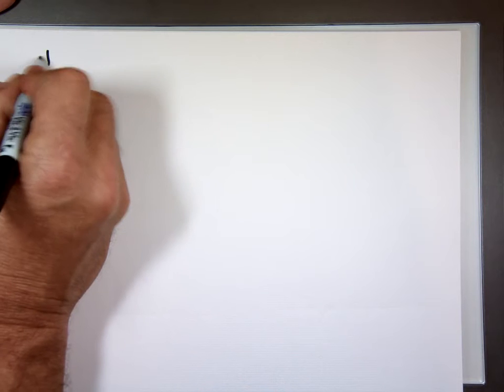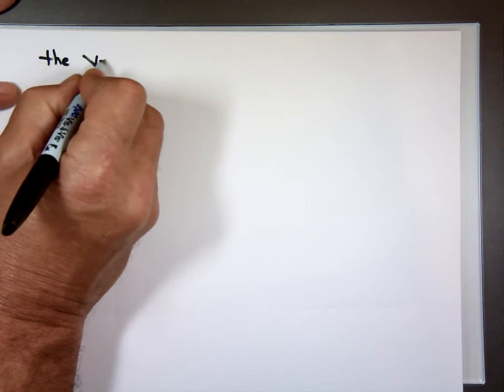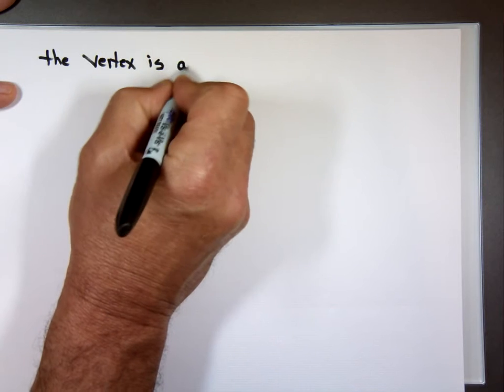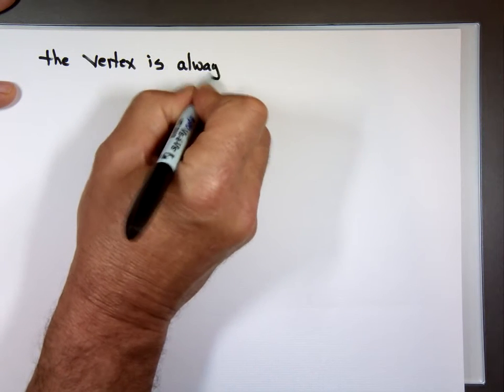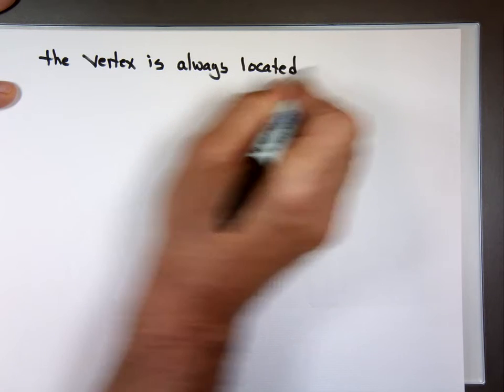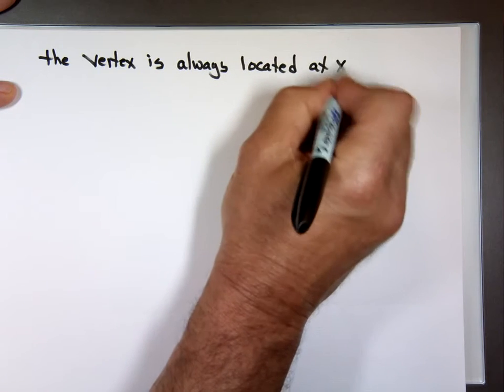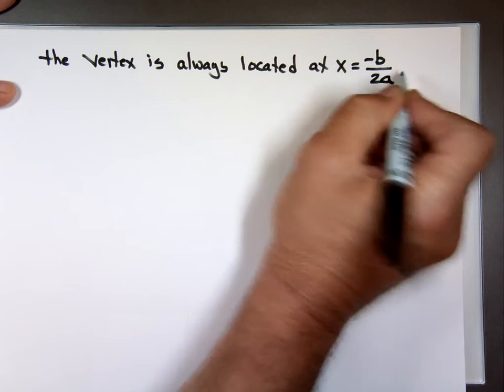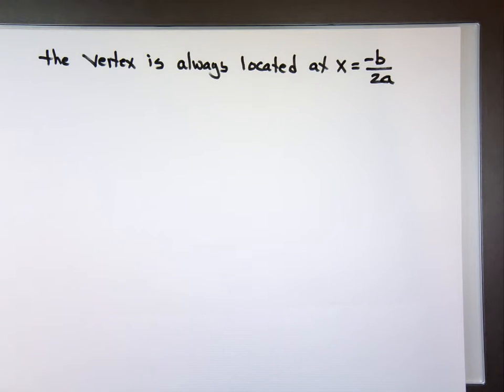The vertex is always located where? At x equals negative b over 2a. Always. Every single time.